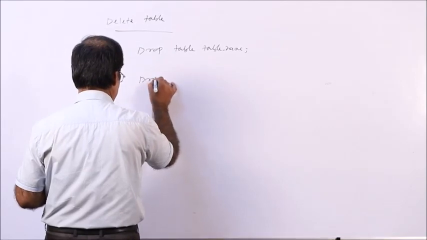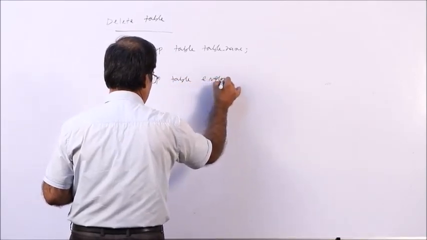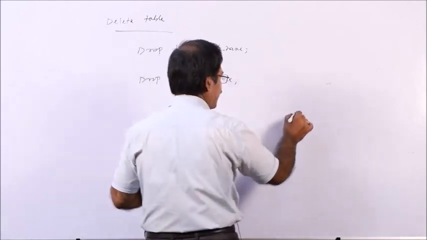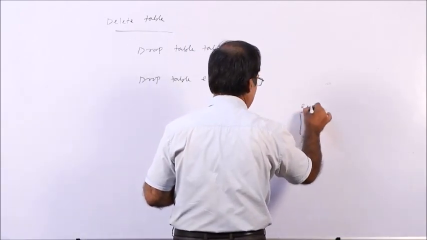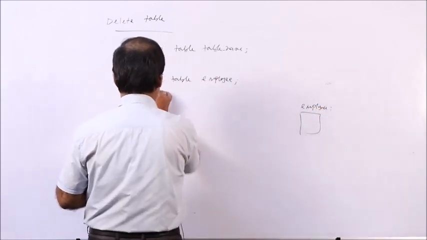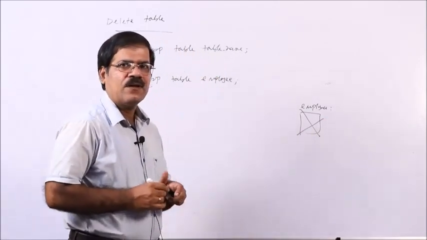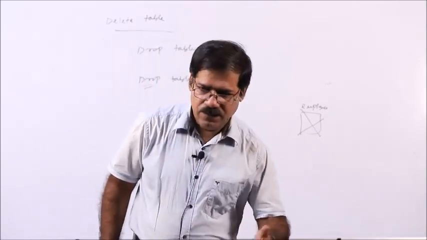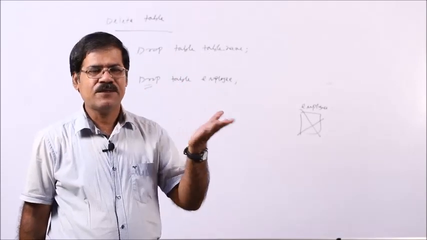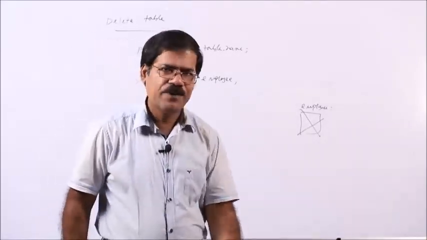So, drop table employee. Whatever table you created, if you drop it, it will be permanently removed from the memory. Like a database is permanently removed, similarly the table will be permanently removed from the memory.